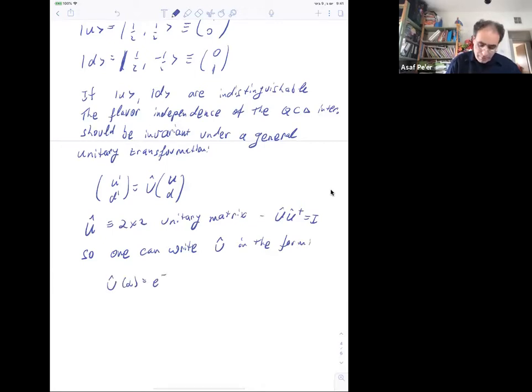Exponent of i alpha dot sigma, where sigma are the same Pauli matrices. I have a question for you. I just made a statement and nobody said anything. How many of you feel that you understood what I said, that if I have a 2 by 2 unitary matrix, I can always write it in the form of an exponent? One understood? Who else? Half understood. There are 2 people who didn't raise their hands.